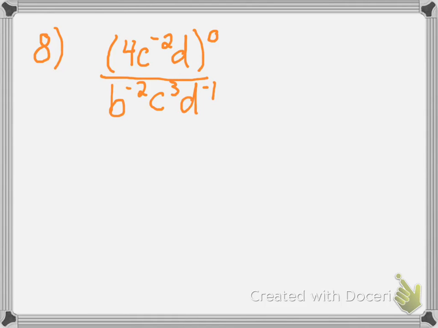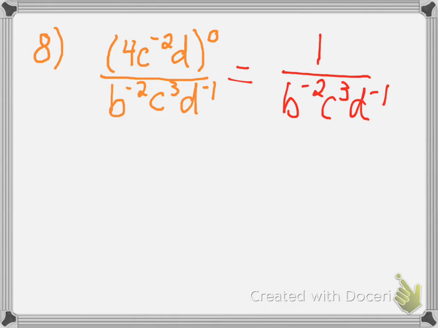This next one, number 8, you have to remember on the top, anything to the 0 power is 1. Alright, but you still have everything on the bottom. So then you need to look at your bottom. We cannot have negative exponents in our answer, so like I said before, if they're negatives in the bottom, they need to move to the top.